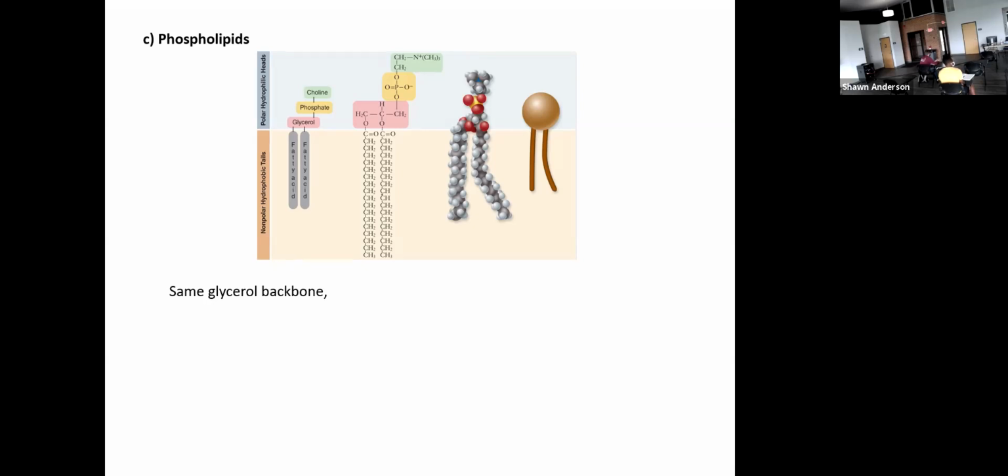So we have our mauve molecule, glycerol. Phospholipids only have 2 fatty acids bound to the glycerol, just 2. 1, 2.